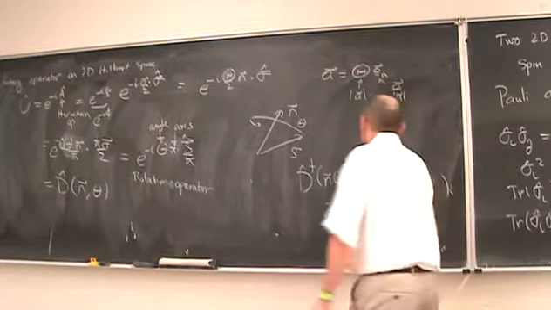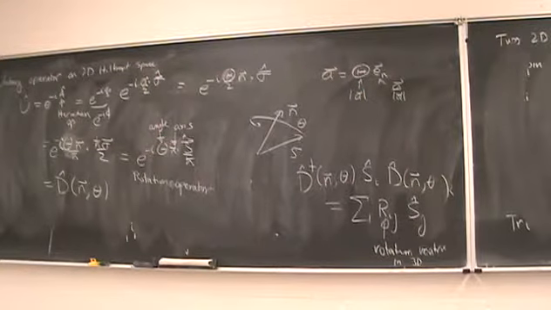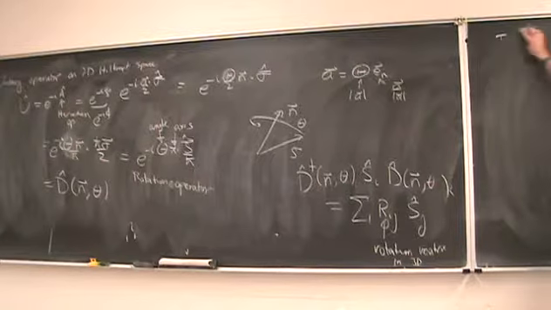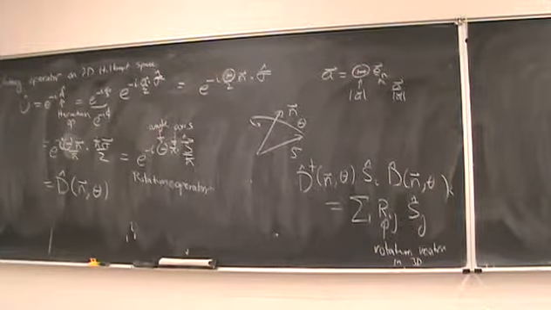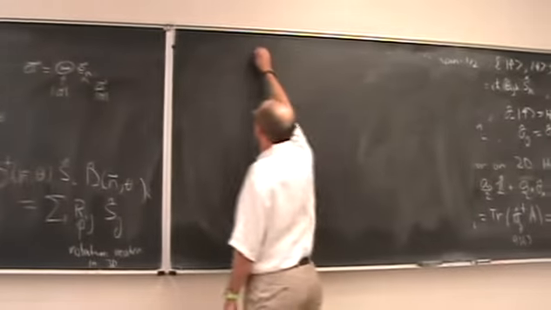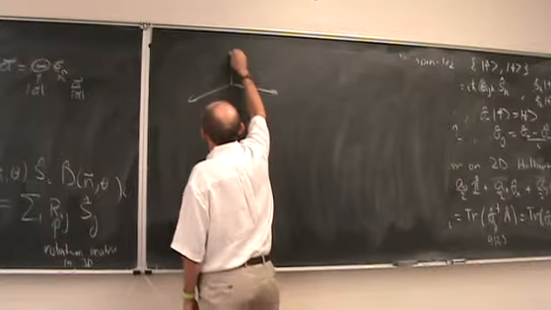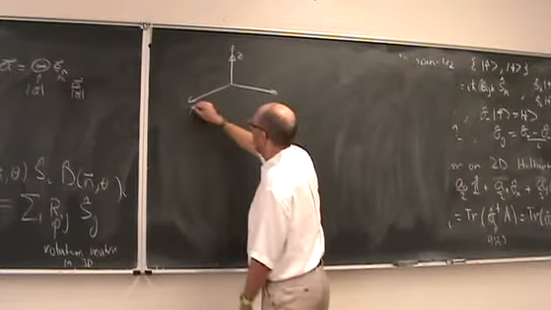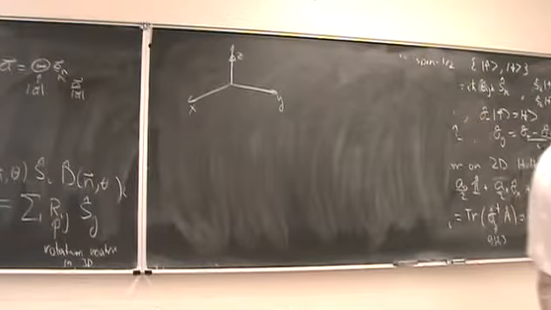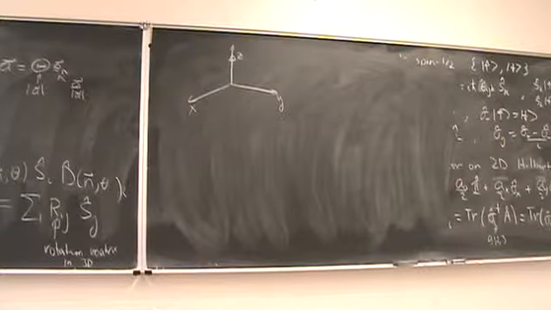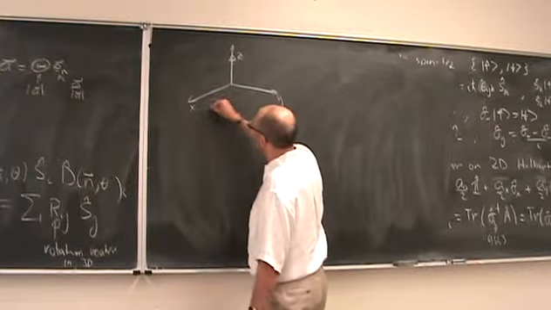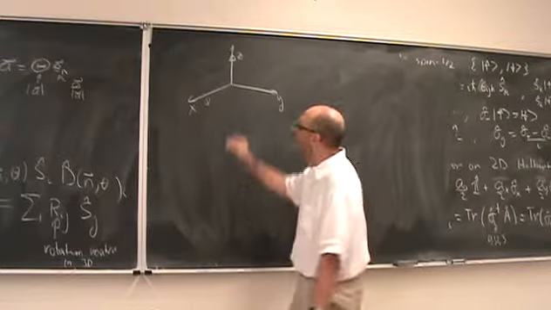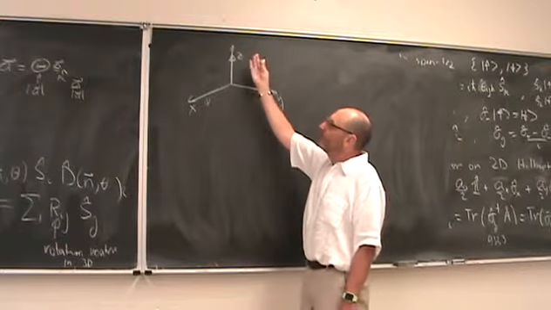Okay? So, for example, if I have some vector along the z-axis, say this is the x-axis, this is the y-axis, I can obtain a vector that is pointing in an arbitrary direction, specified by polar angles theta and phi, where phi is the angle relative to the x-axis and theta is the angle relative to the z-axis, through a series of rotations.